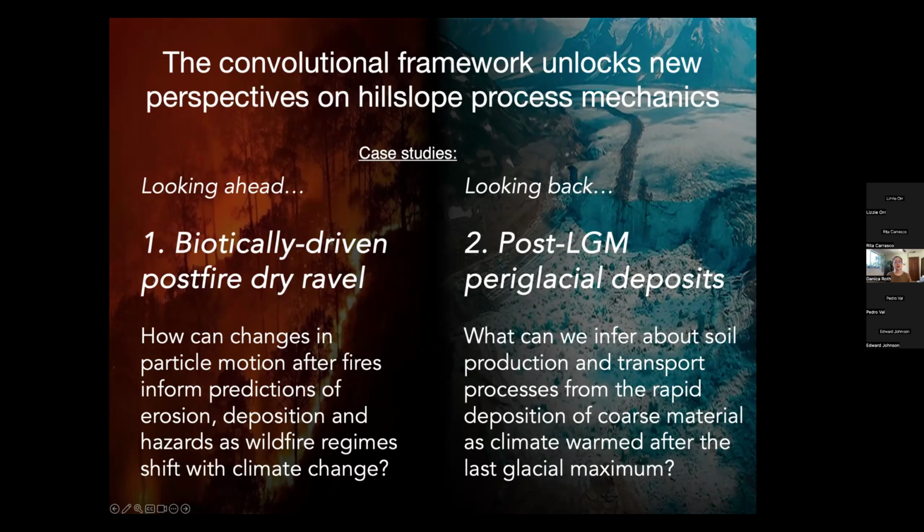So both of these are ongoing projects, so I'm not going to completely answer either of these questions today, but I hope to convince you by the end of this talk that the model framework I've just shown you has the capacity to help us unwrap these and other complex hillslope problems to get at the mechanics in a way that's both tractable and critical, really, if we're going to answer some of our most pressing questions around climate change and landscape evolution in geomorphology today.